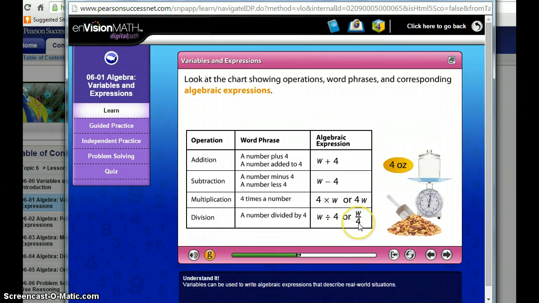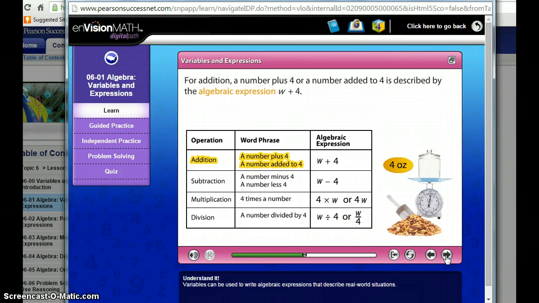Why do they have this as a fraction? Does that make sense to you? It should. Why? Claire? Because a fraction is like divided. Right. The fraction line we learned means divide. So this means W divided by 4.